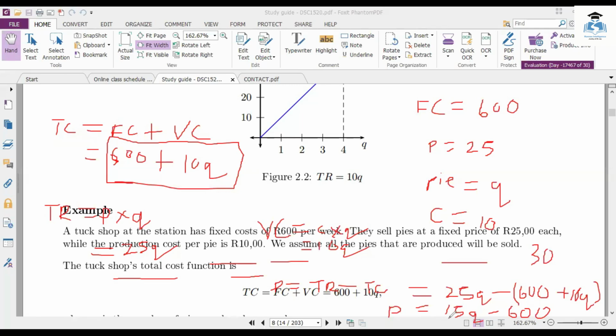So you say 15 times 30, the amount that you are going to get, minus this one. Then that's when you get the actual profit, which is the value we're talking about. But as of yet, this one is a function, which is 25Q for TR. And this one is a function for variable cost. And this one is a function for TC, total cost.